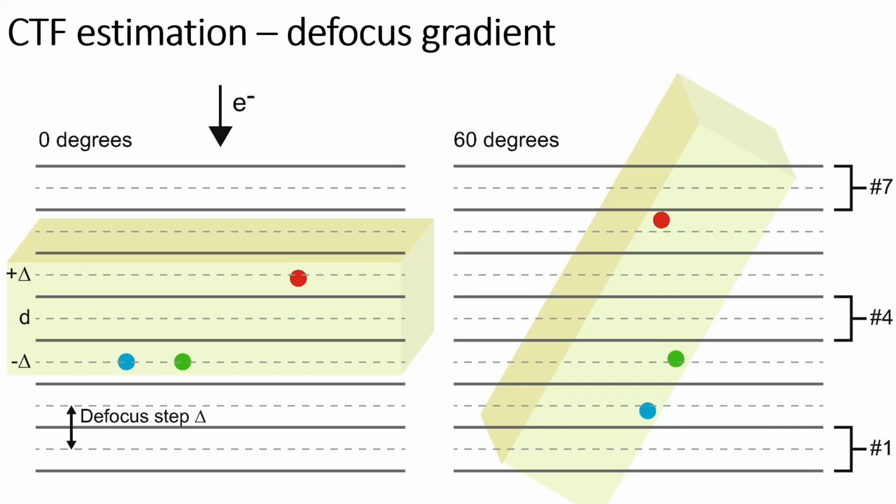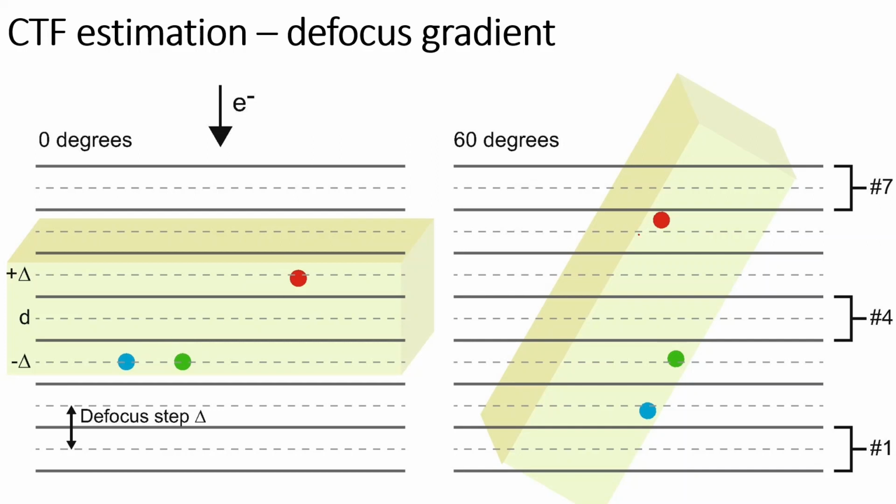That's why, when we do a Fourier transform of the tilted sample versus the sample that's not tilted, in the non-tilted sample we have very nicely resolved Thon rings, because the Thon rings come from the information from every contrast-full detail in our sample.